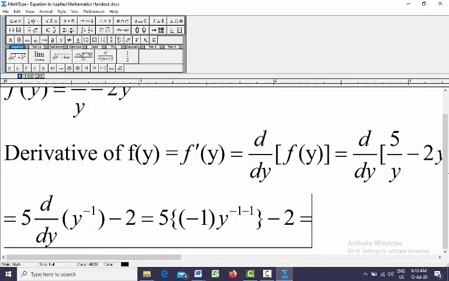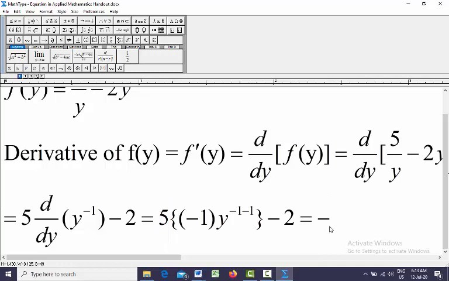So what we have now, here this minus will come first. 5 into 1, 1 into 5 will be 5.